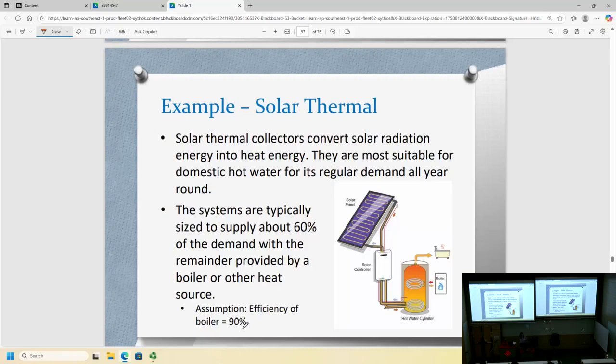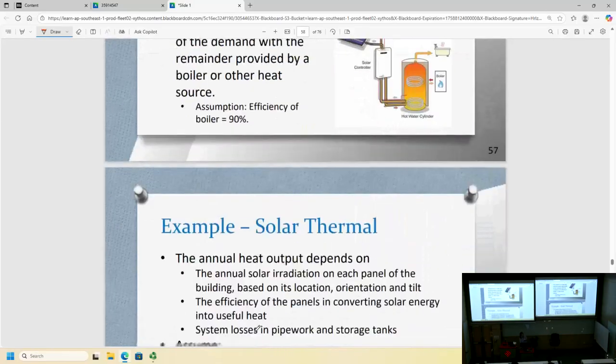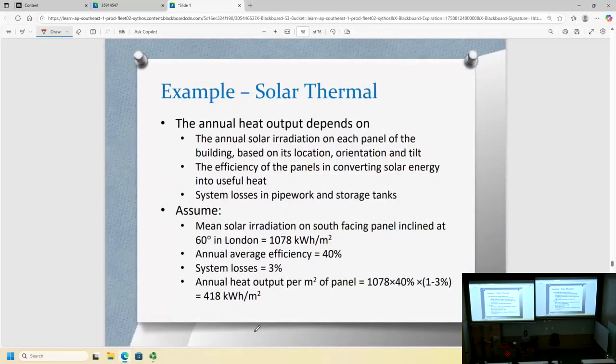And we assume the efficiency of the boiler is 90%. The annual heat output depends on the annual solar radiation on the panel of the building. So how much sunlight you get on the panel is based on the location, the orientation, the tilting angle, and any obstruction surrounding the building.